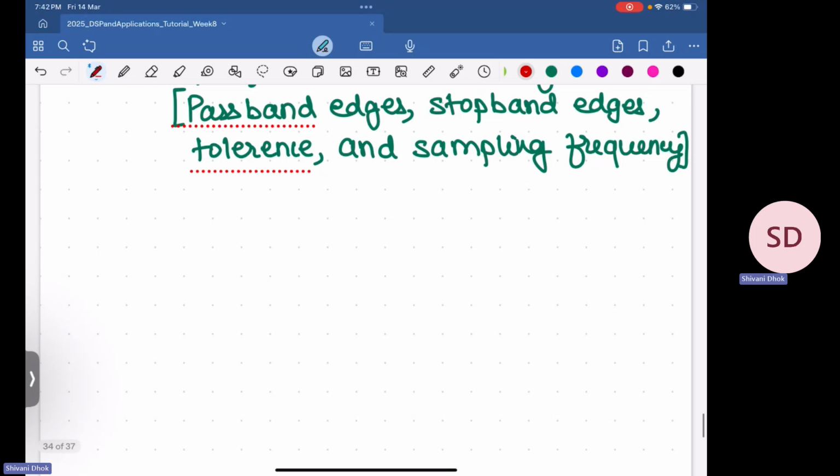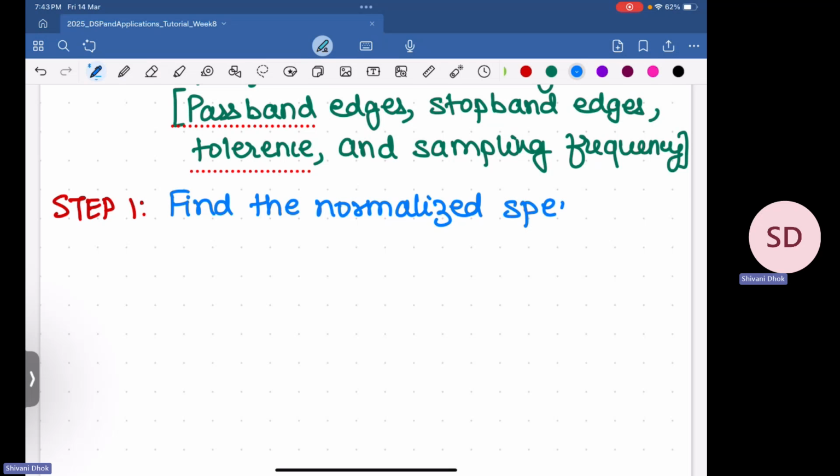The steps. So step one, the first step, is to find the normalized specifications using omega equal to 2 pi f by f sam.